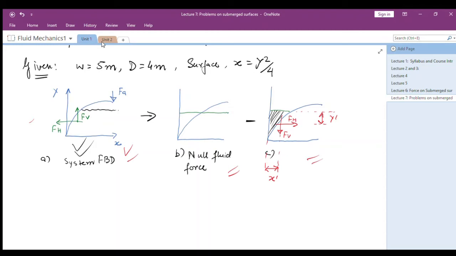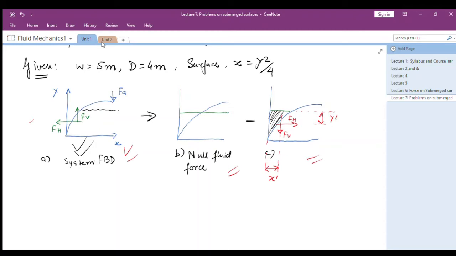For this curved surface, you just need to take its vertical projection, and then find its middle location. And that's where my horizontal force would be acting.